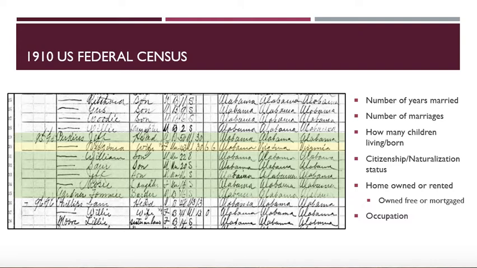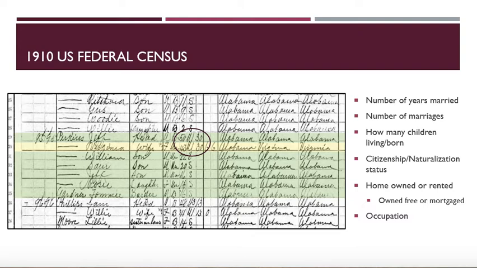Jeff and Virginia have been married for 30 years, and it is the first marriage for each. We know this because the M indicates marital status as married for this couple, and there is a 1 beside that M. That 1 indicates how many times someone has been married.